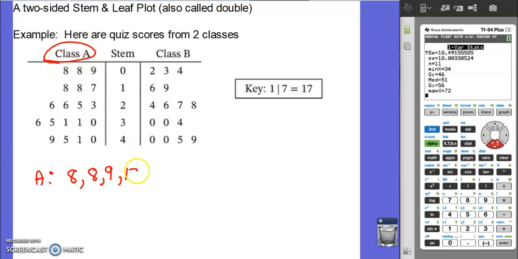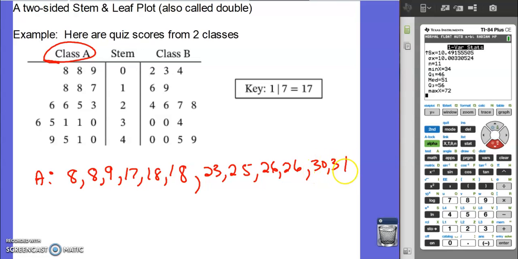And then 17, 18, 18, 23, 25, 26, 26. And then you've got the 30s, so 30, 31, 31, 35, and 36.